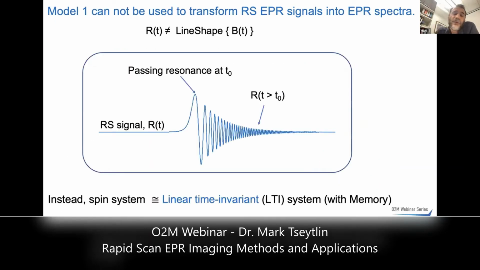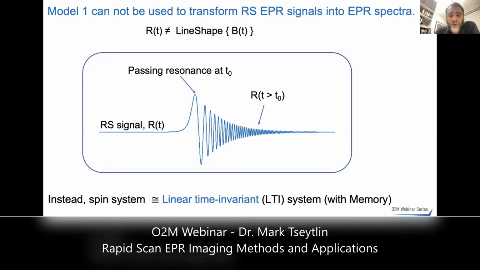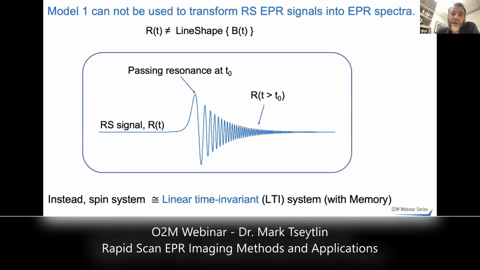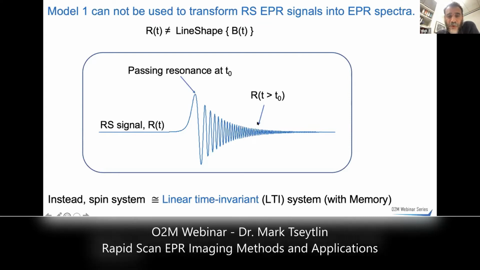But now if you do this experiment I showed you before, when you go through resonance in a time which is short relative to the relaxation times, obviously this model of slow scan doesn't apply. You cannot just map your time domain signal to the frequency domain, because now you have a history, you have a memory. The signal which you observe, let's say 100 nanoseconds or a microsecond later, was actually generated in the past.